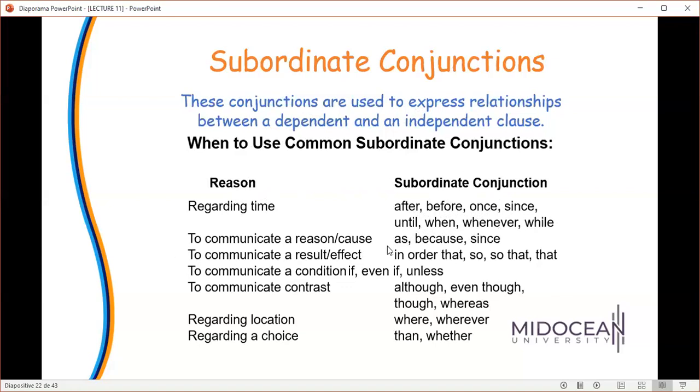To communicate reason, we use as, because, or since. To communicate result or effect, we use in order that, so that. To communicate condition, if, even if, unless. To communicate contrast, we use although, even though, whereas. Regarding location, here we have where, wherever. Regarding choice, you have whether.